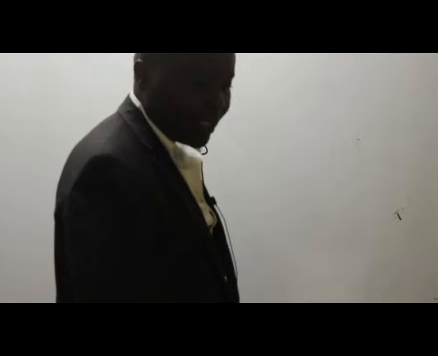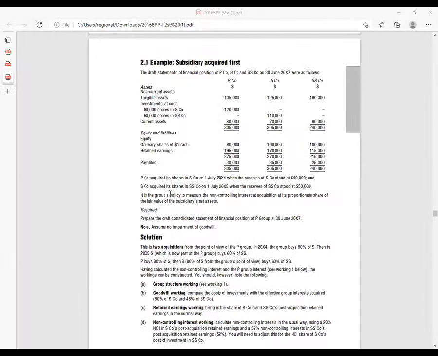The percentages are given here. They're telling us that P company acquired its shares in S company. How many shares did P acquire? We are told P acquired 80,000 shares in S company. So I want to get the percentage shareholding.